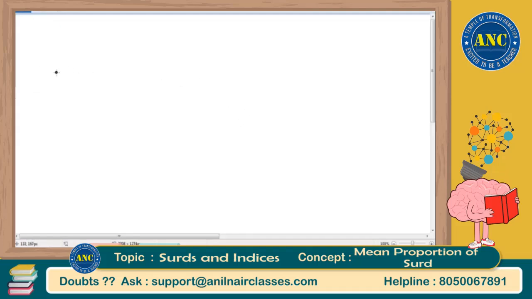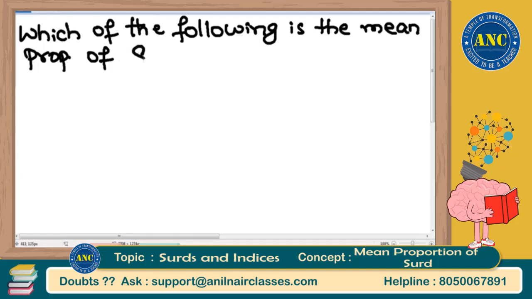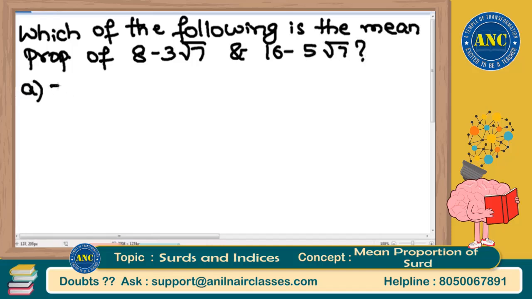Listen carefully, sir. Listen carefully. Your question is very, very good question again. Which of the following is the mean proportion of 8 minus 3 root 7 and 16 minus 5 root 7?